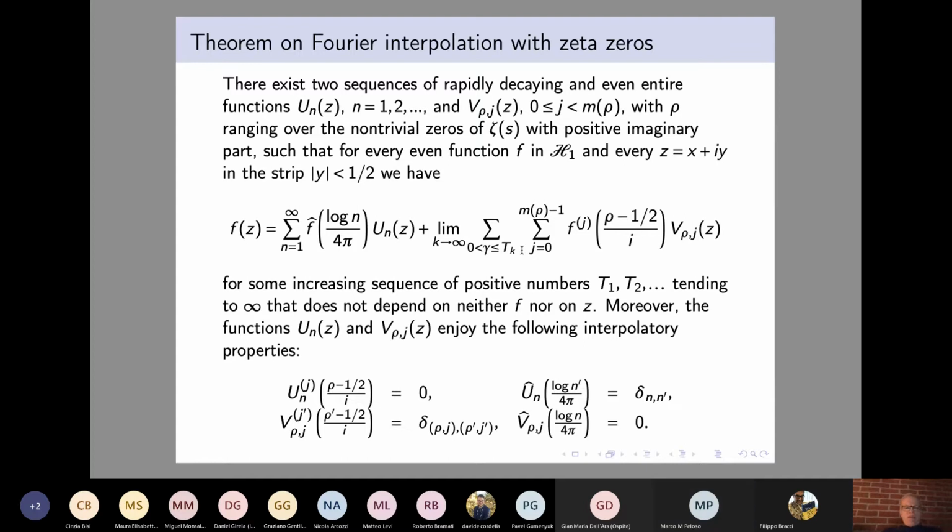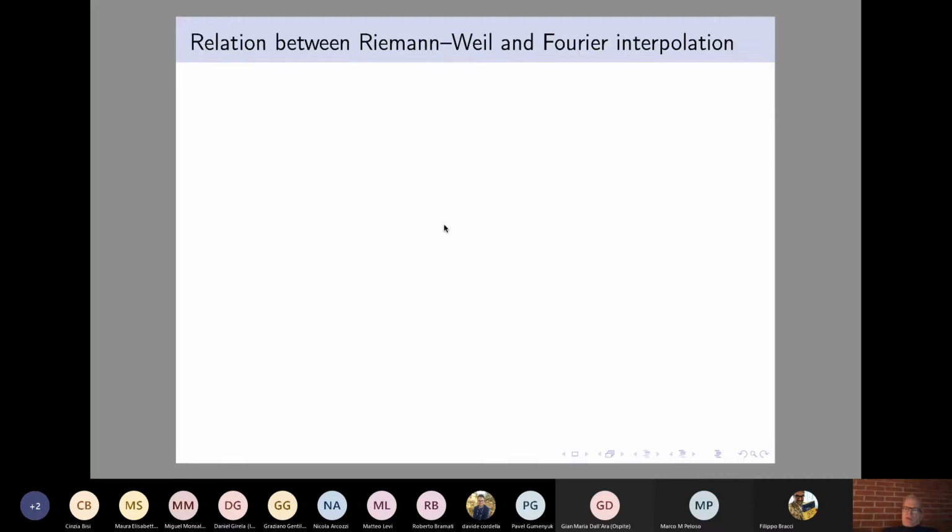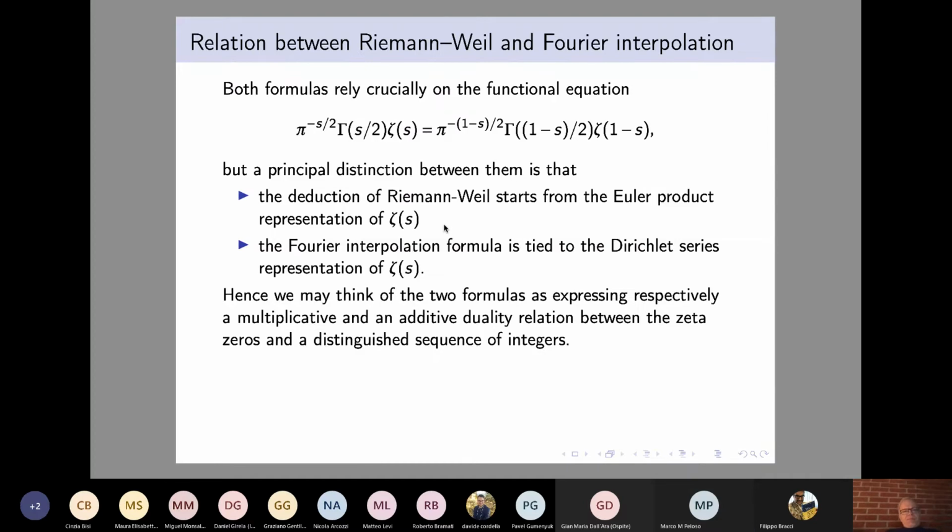So it means that I have a function with two sequences, one on each side of the Fourier transform, one in space and one on the frequency side, and I can represent the function in terms of an interpolation formula involving values at these two sequences of, respectively, the function and the Fourier transform. I will say that we have Fourier interpolation. So what is the relation here?